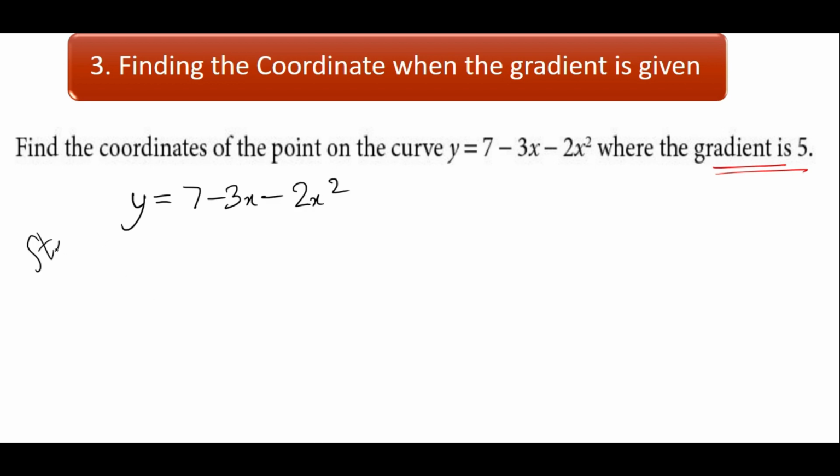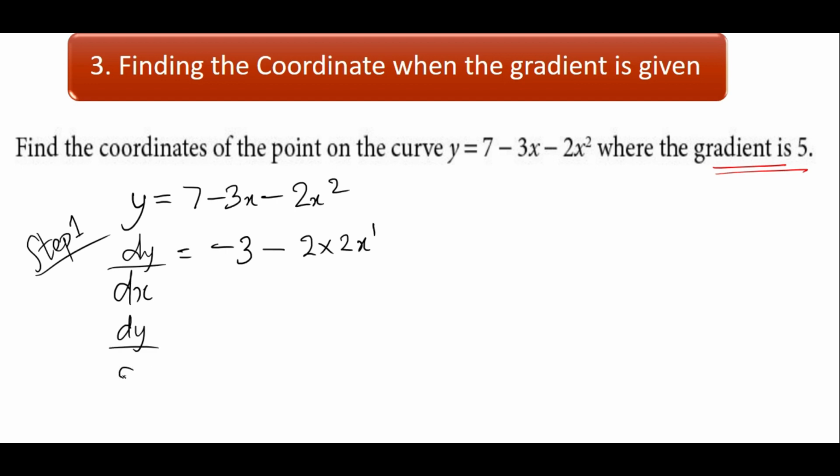As step 1, you have to find dy by dx, which is the gradient function, and here it's going to be negative 3, negative 2 times 2x to the power 1. So dy by dx is going to be equal to negative 3 minus 4x.